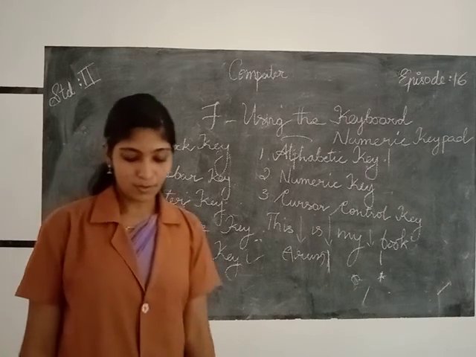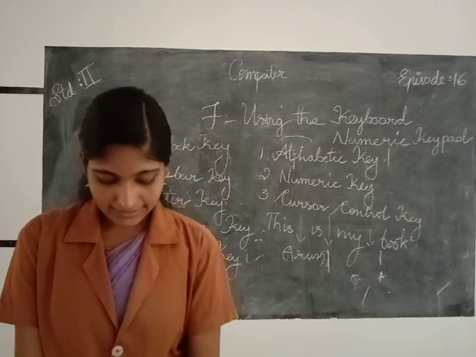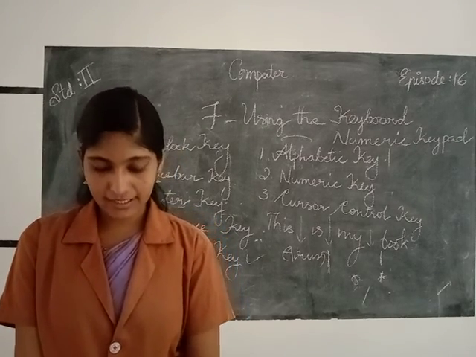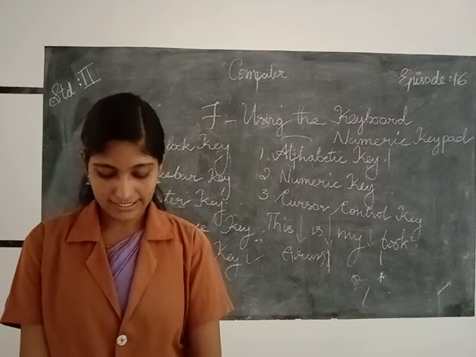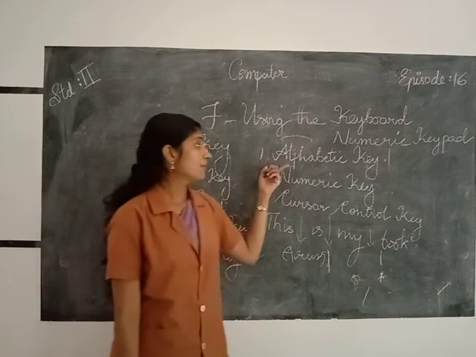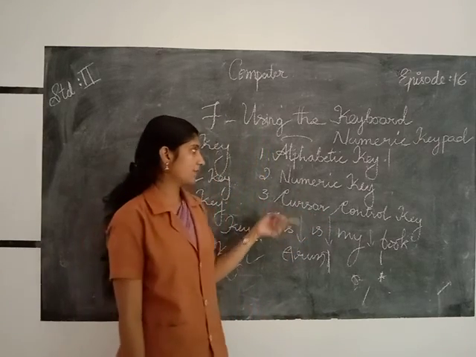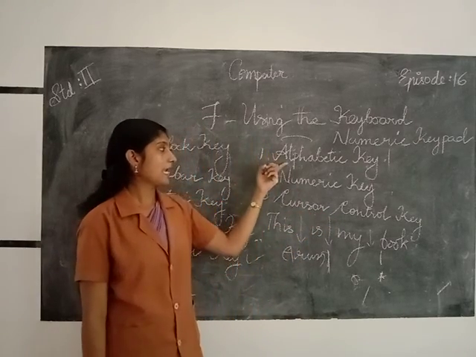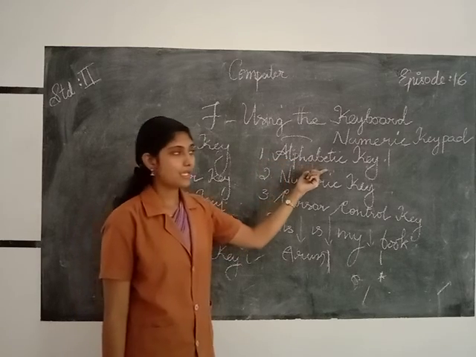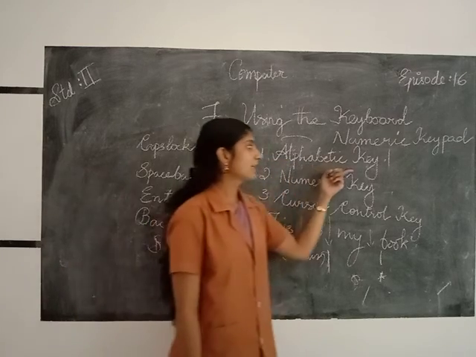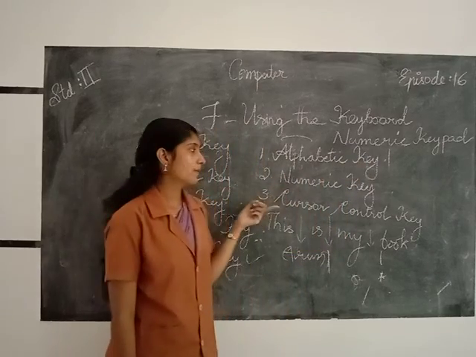Okay. These are the important keys in the keyboard. Once again, the keyboard consists of many keys. What are they? Alphabetic key, numeric key, cursor control key. Alphabetic is spelled A-L-P-H-A-B-E-T-I-C.